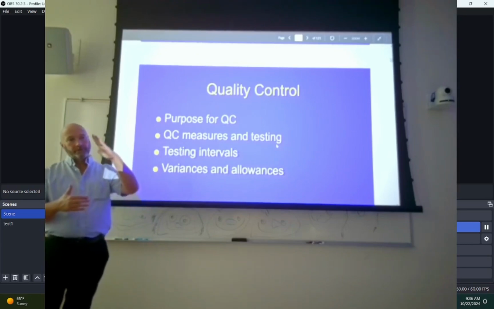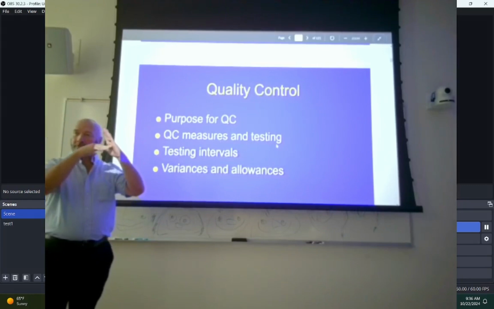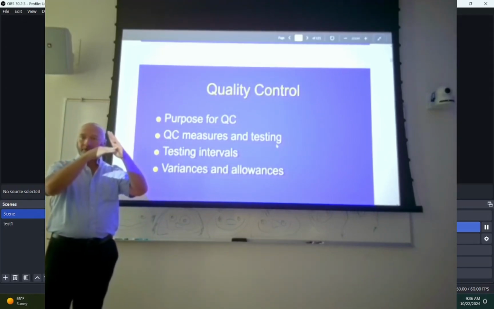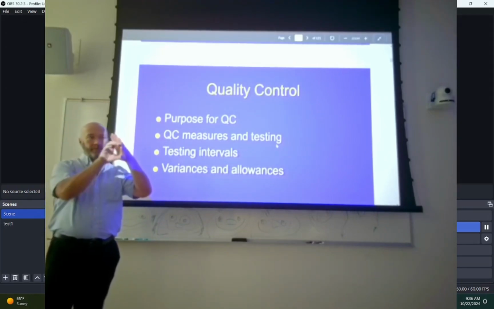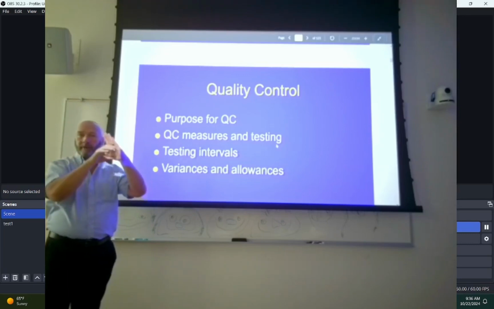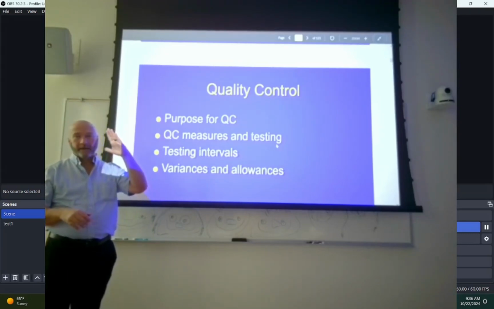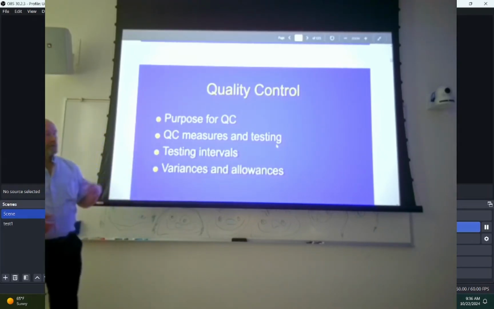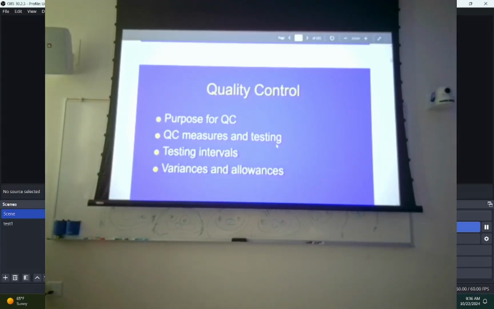So, your light should be reflected off of a perfect 45-degree angle mounted mirror, right? So your light's coming from here, X-ray beam's coming from up there. What happens if your light or your mirror slips a little bit? It's just not going to be lined up, right? So there are variances and allowances within each one of those quality control tests, and we'll talk about those as well.